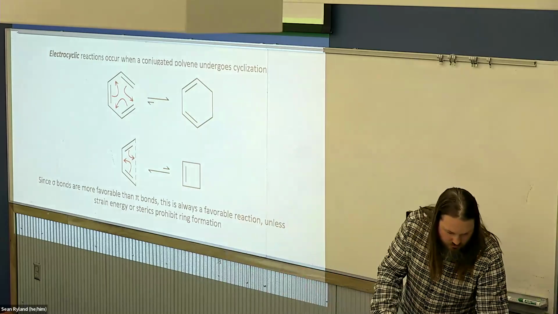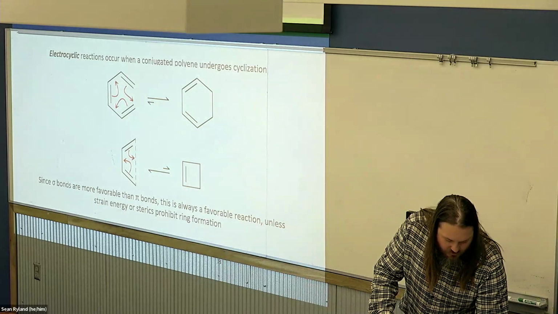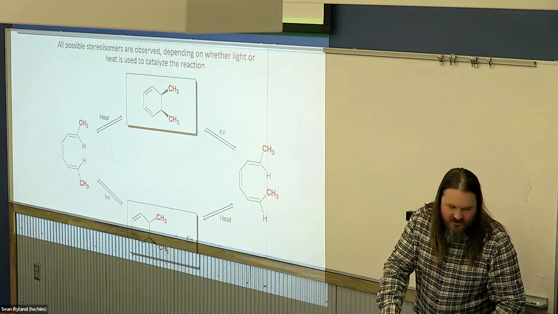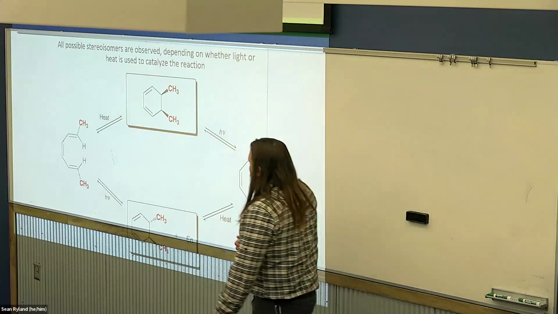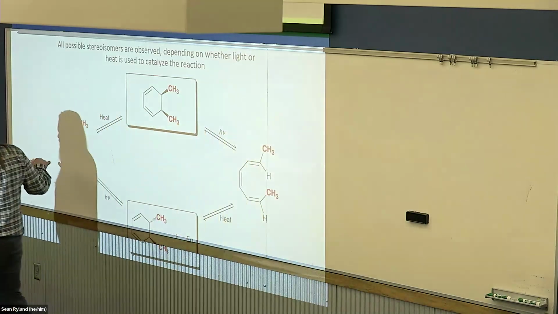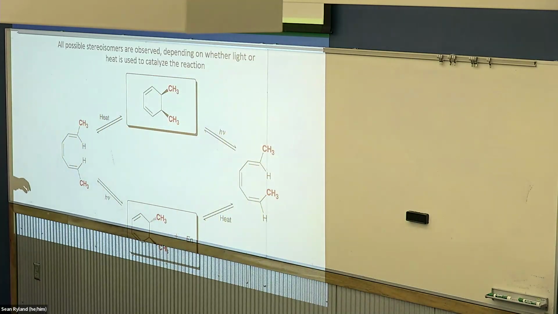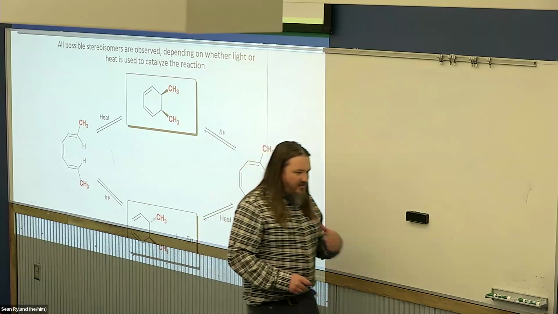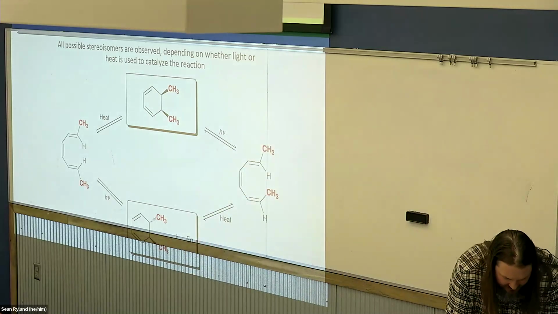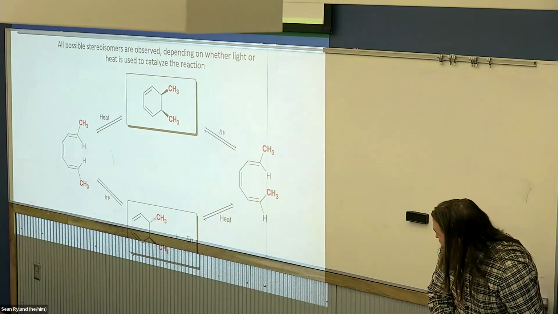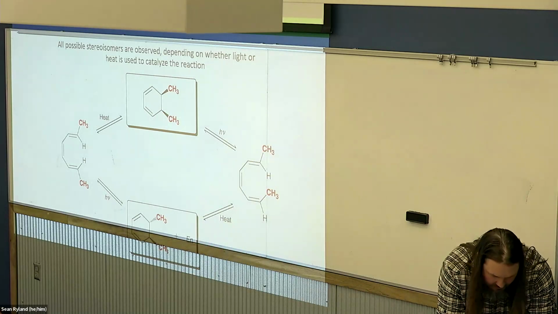And here's where this gets really interesting and why it's worth spending the time on. We're going to use the hexatriene a lot as our example. If you actually have this conjugated triene that's substituted, in either case, you're going to make a cyclohexadiene.